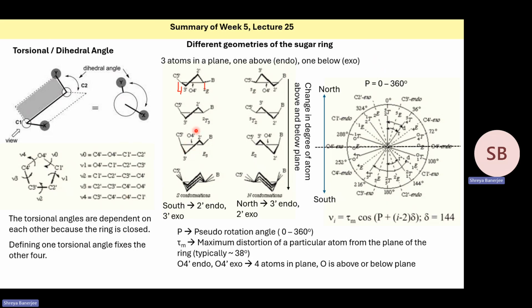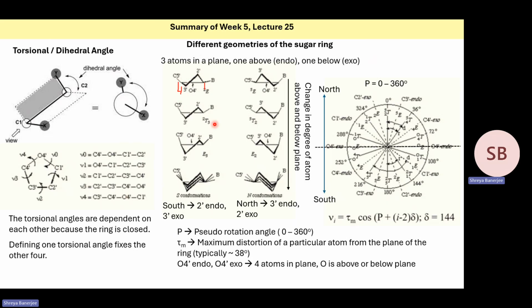So C2' endo, C3' exo is called the south or S conformation. And if it is the opposite, that is C2' is exo, C3' is endo, that is the north or N conformation. Within the S or N conformations, the extent to which C2' is above and C3' is below can vary.